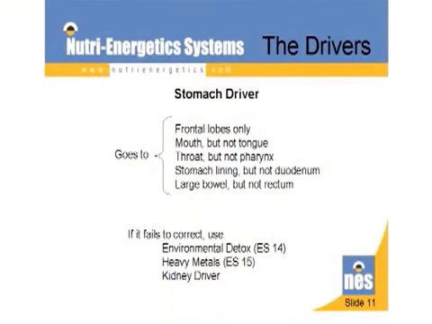Now we need to look at stomach driver, which is found on slide 11. Stomach driver is a really complex driving system, and it goes wrong a lot. This is the one that's always wrong. The first thing that happens when you use stomach driver is a strong detoxification because of the state of our food.